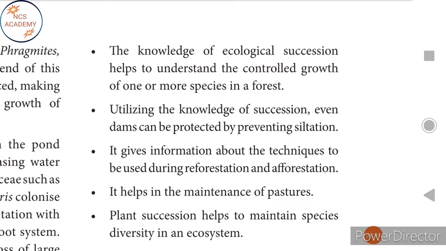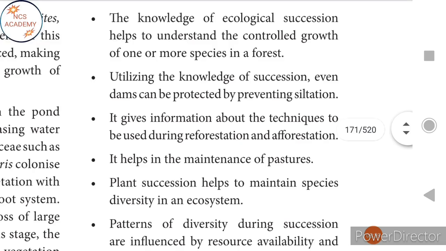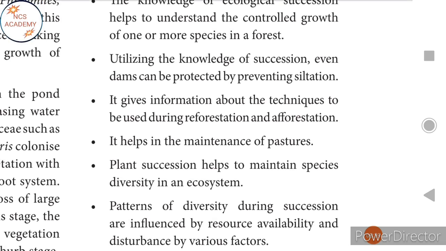Utilizing the knowledge of succession, even a dam can be protected by preventing siltation. Another important point, it gives information about the technique to be used during reforestation and afforestation. It helps in maintaining pastures.